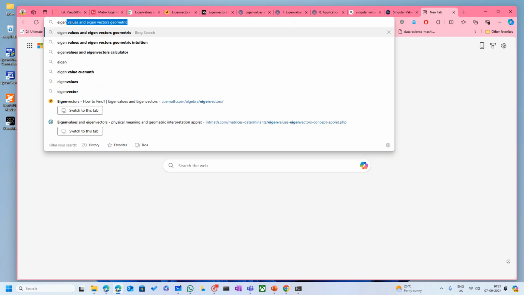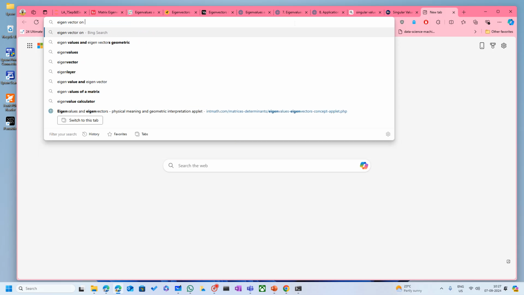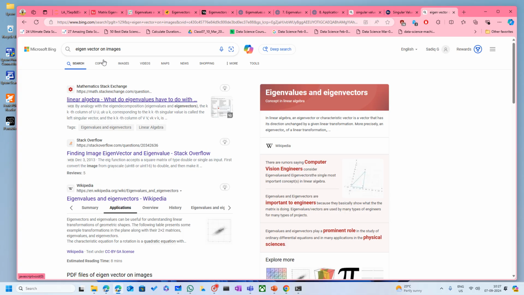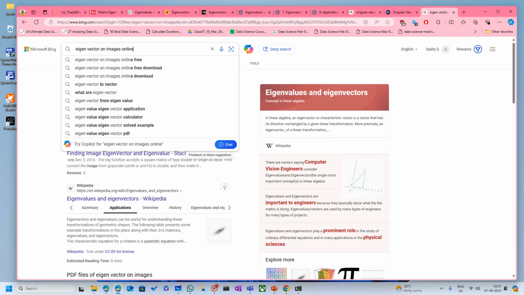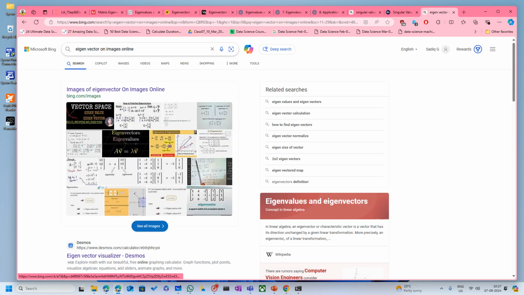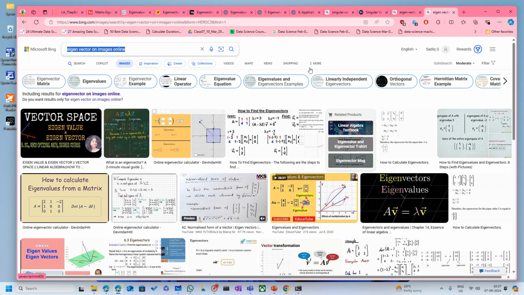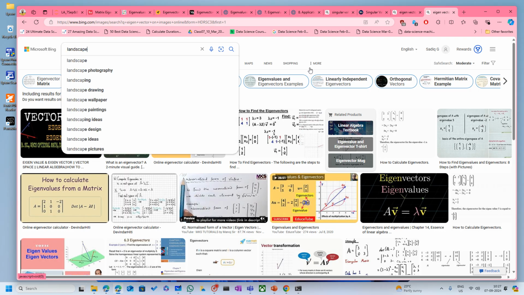Eigen, so all I'm trying to say is, you have a certain image, a landscape image.